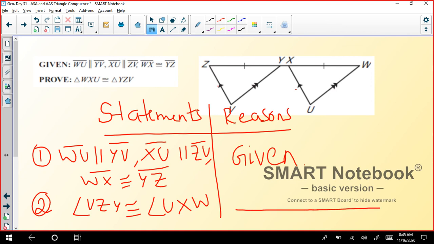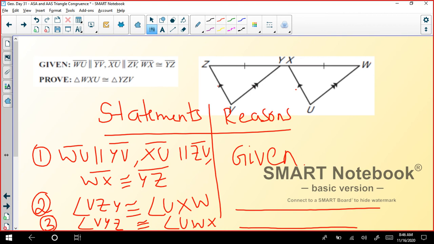Same way, I'm also going to say that angle VYZ is congruent to angle UWX.